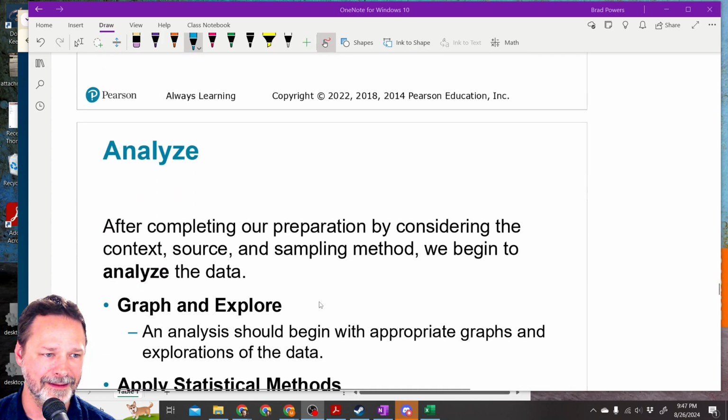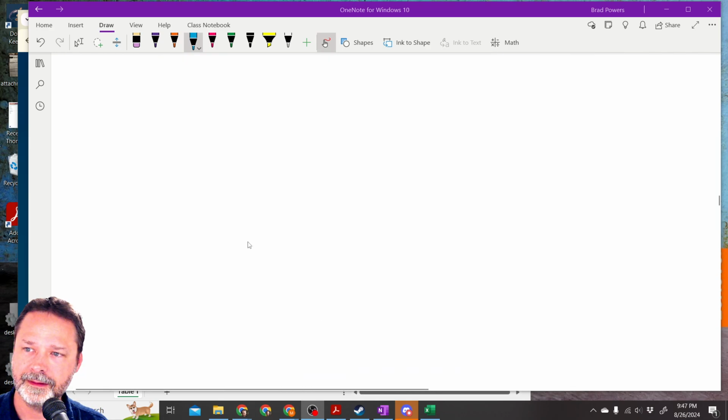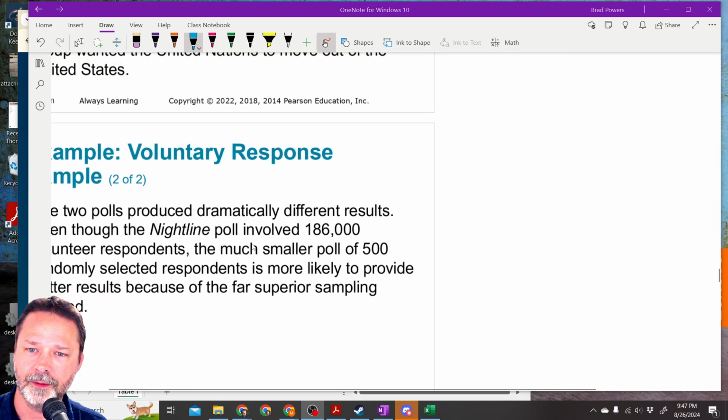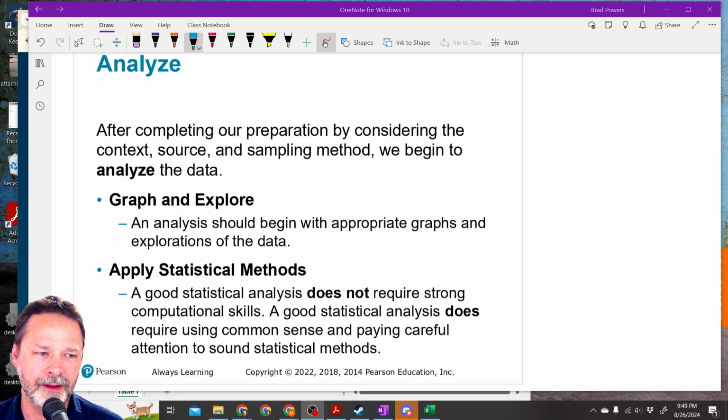Now we're on analyze. If we go back to this fun little table, we finished the prepare stuff. Now we're going to talk a little bit about analyze.